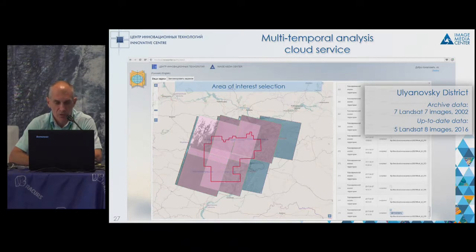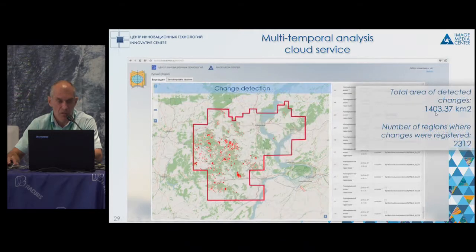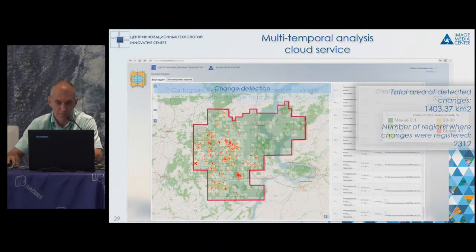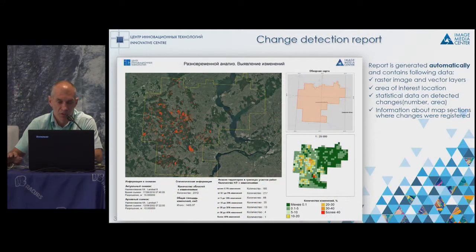Together with Roscartografia, we did a couple of areas of interest. In Ulyanovsky district, then there was seamless mosaic created, and we also did change detection and creation of cartogram based on map sheets.